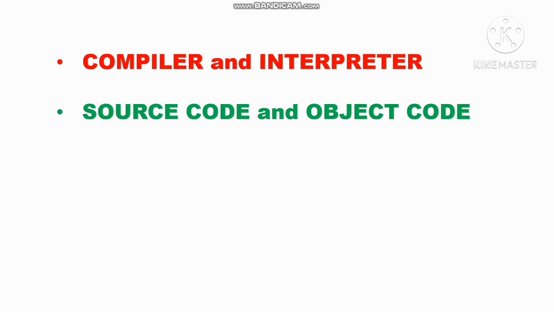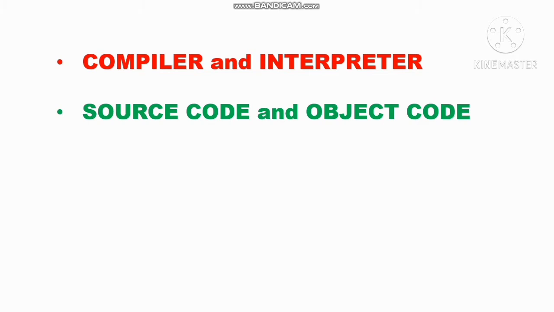Before starting the basic structure of C programming, I'm going to discuss compiler and interpreter. A compiler first scans the whole program, and then translates the whole program into machine code at a time.